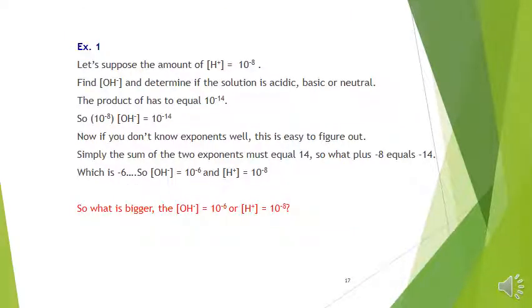So let's have an example where I'm actually able to change the H plus concentration. All right, and I change it to 10 to the minus 8th. And so what that means is now I have 1 out of, so there are 8 zeros, okay?